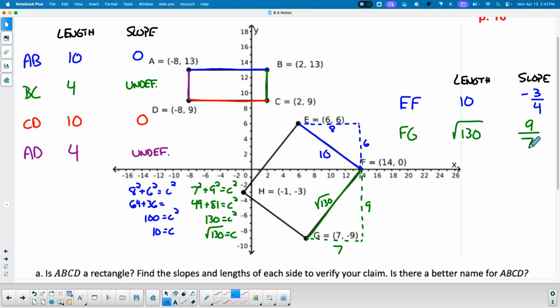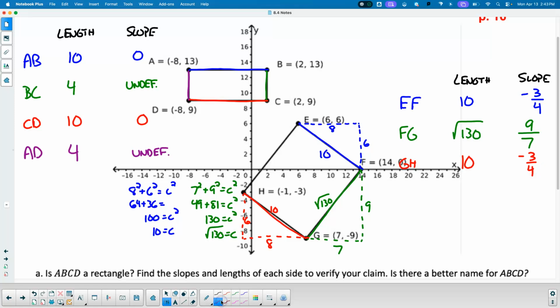So my next one here is H and G, or GH. So that's an 8, and that's a 6. So that one's going to be 10, just like the blue one, and that would give me a negative 3/4 slope there.